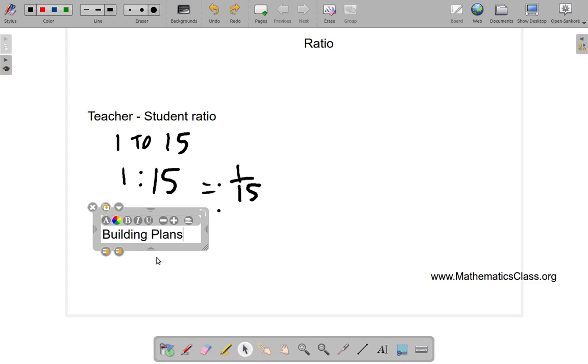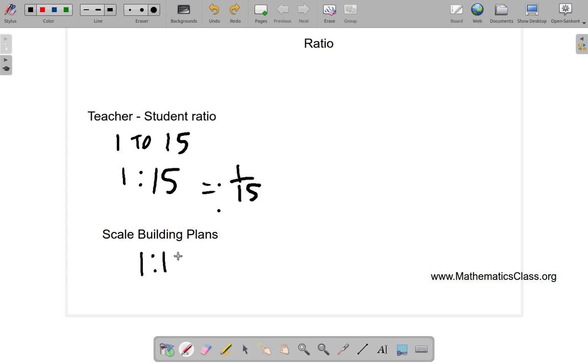When you talk about building plans, you're really talking about the scale when you're dealing with the ratio. For example, one common example of a scale used on building plans is 1 to 100. That is a ratio.